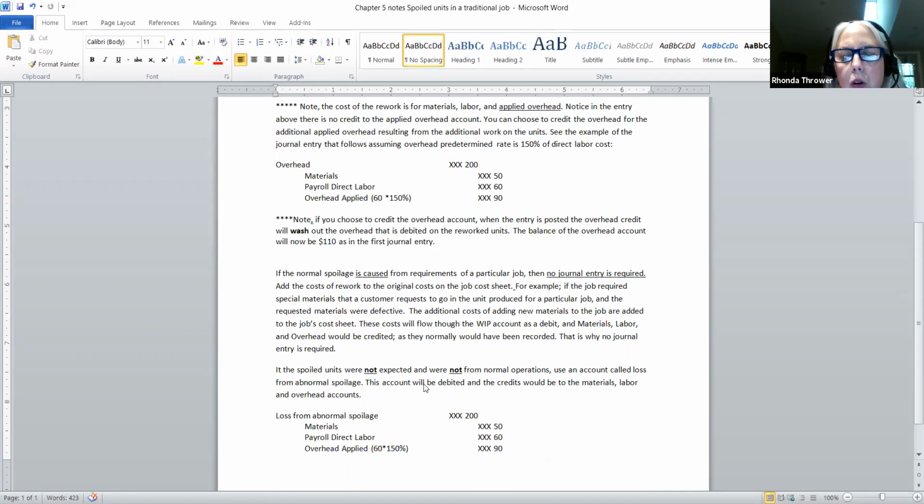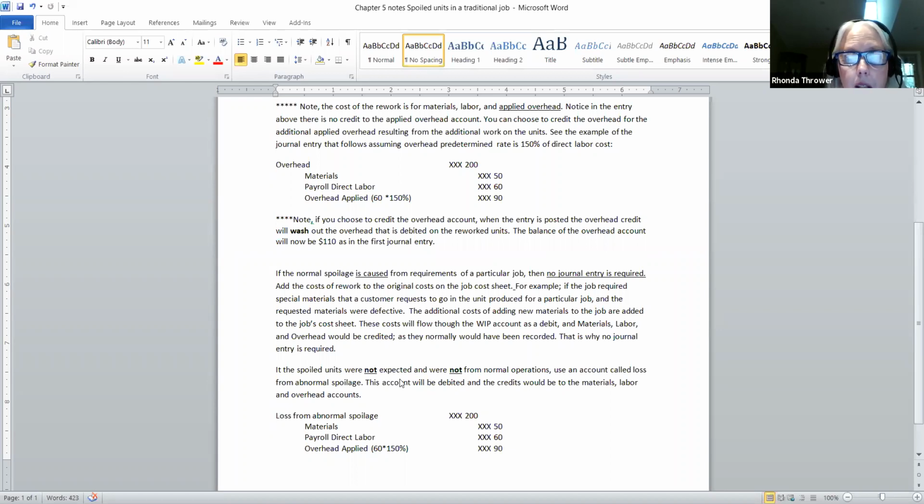Now there's a third situation that could happen here. And that situation is if the spoiled units were not expected and they were not from normal operations. So sometimes we can have spoiled units that occur that aren't from our normal operations.